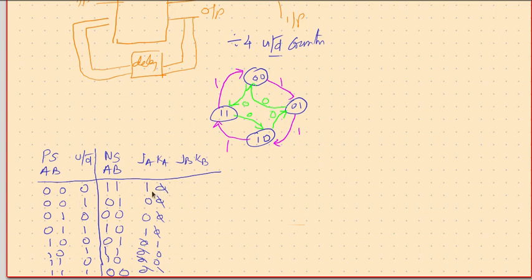Now coming to B. So look at column B of present state, column B of next state, and then fill the JB, KB. 0 to 1 is 1, don't care. 0 to 1 is 1, don't care. 1 to 0 is don't care, 1. 1 to 0 is don't care, 1. 0 to 1 is 1, don't care. 0 to 1 is 1, don't care. 1 to 0 is don't care, 1. 1 to 0 is don't care, 1.